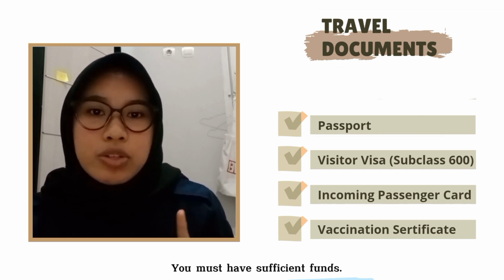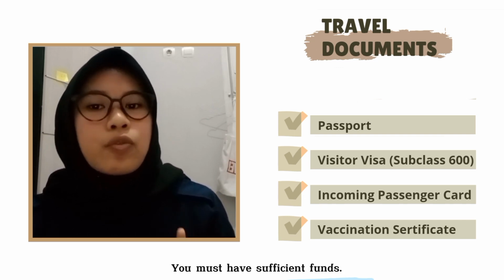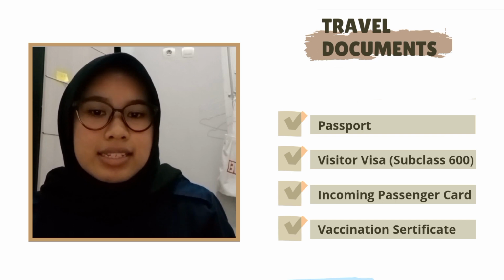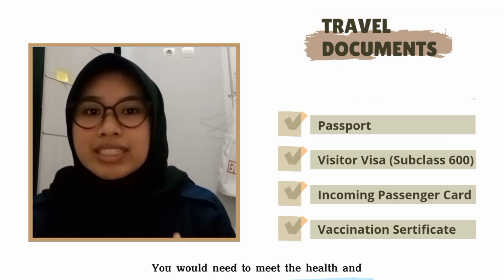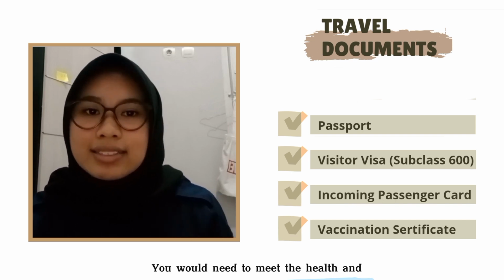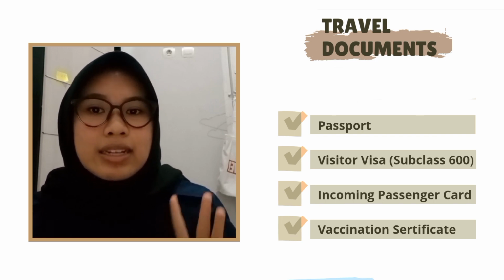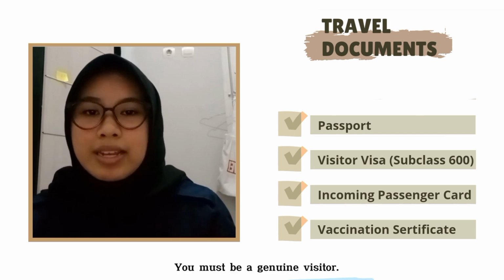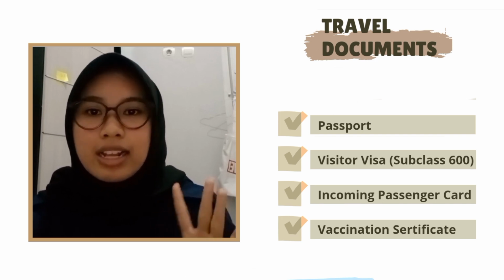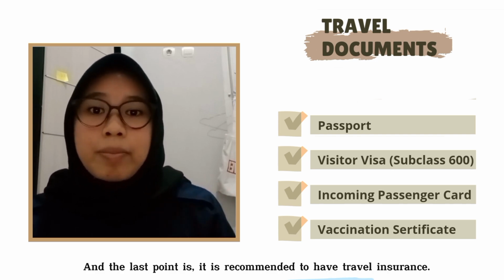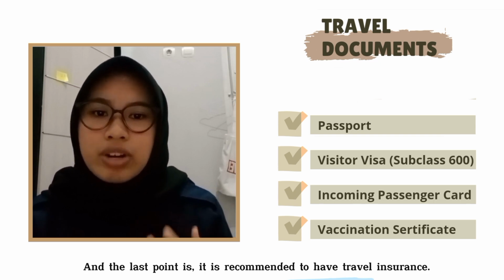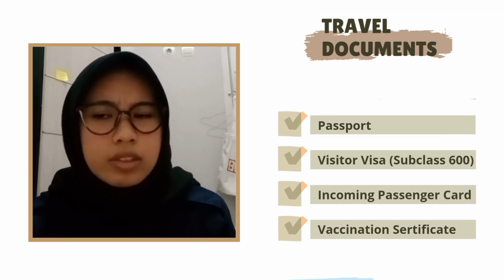You must have sufficient funds. Point 2. You would need to meet the health and character requirement. Point 3. You must be a genuine visitor. And the last point is it is recommended to have travel insurance.